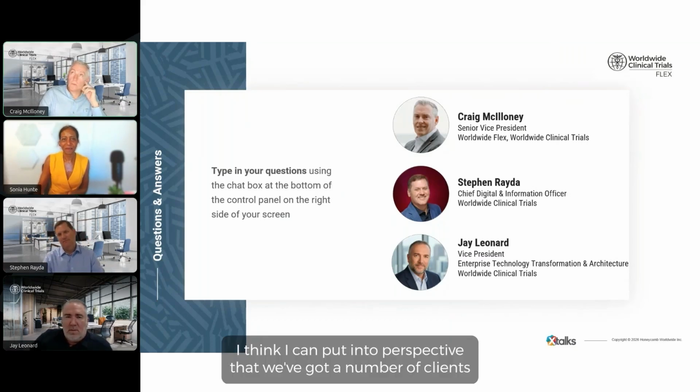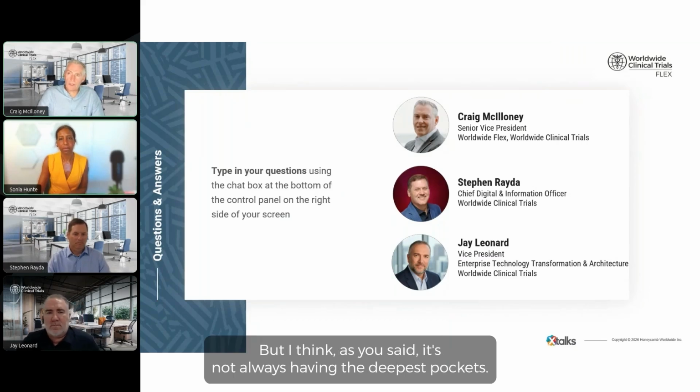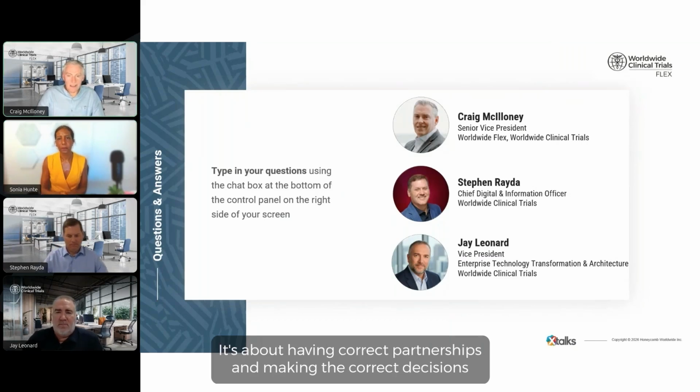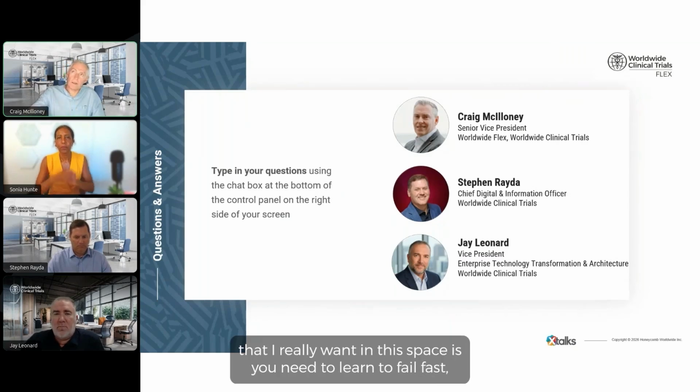I think I can put into perspective that we've got a number of clients who don't have the capital to invest themselves. But I think as Jay said, it's not always about having the deepest pockets. It's about having correct partnerships and making the correct decisions along the way. One of the things I've really learned in this space is you need to learn to fail fast.